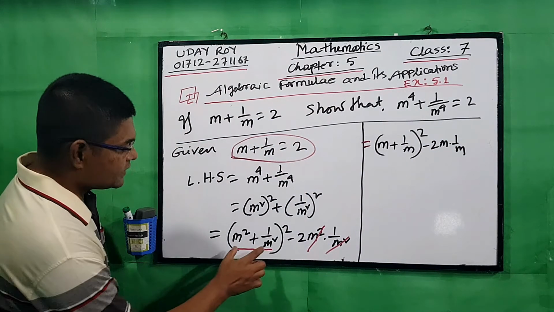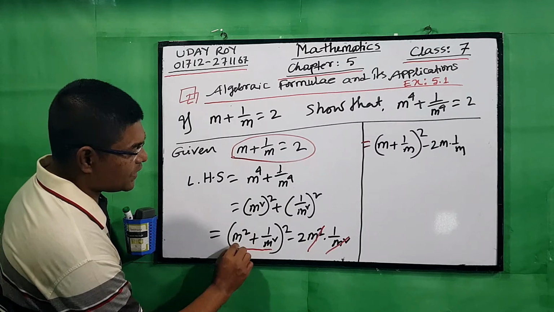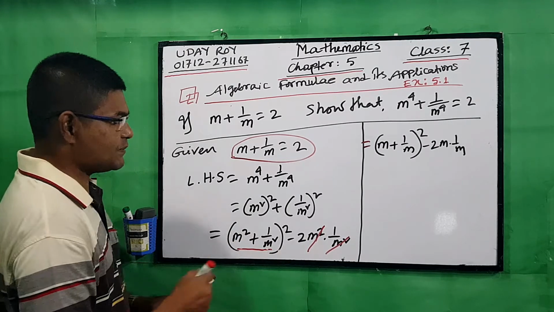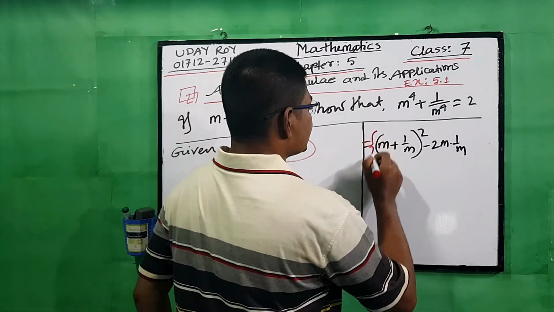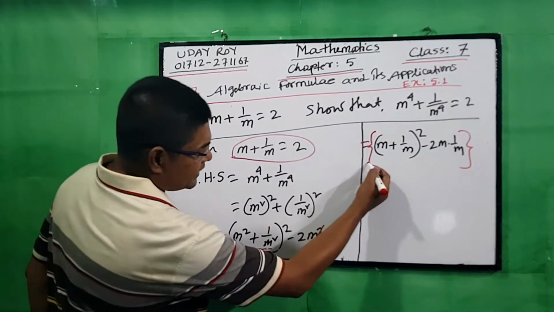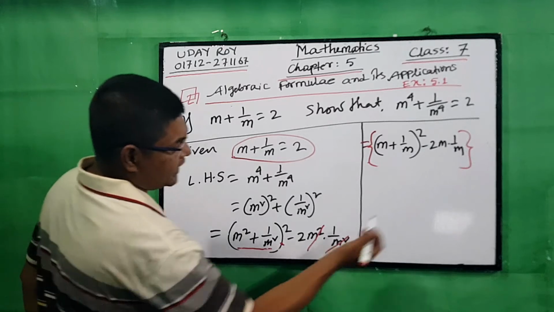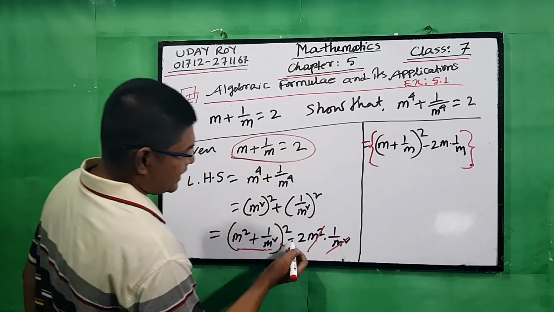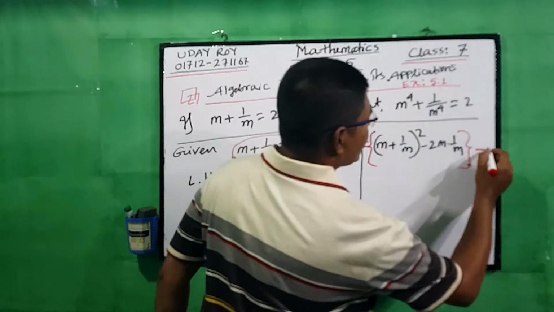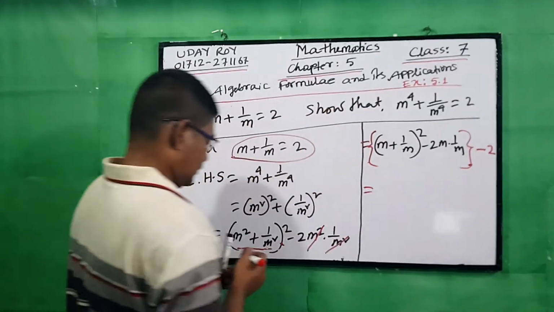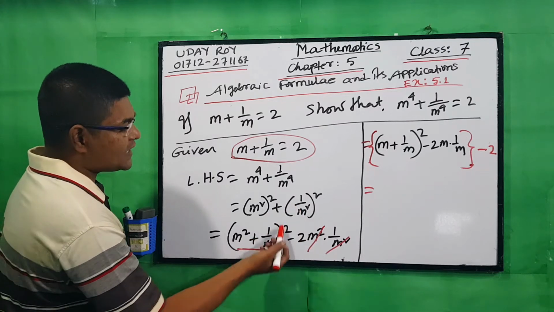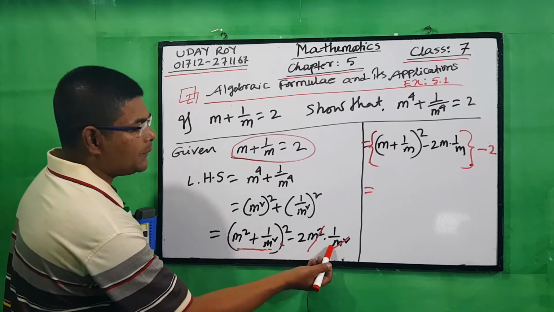We have done in this part a square plus b square. For this bracket and this bracket you have to use here. Here is minus, here is minus, here is 2, here is 2. Be careful. So I think a square plus b square equal a plus b whole square minus 2ab.